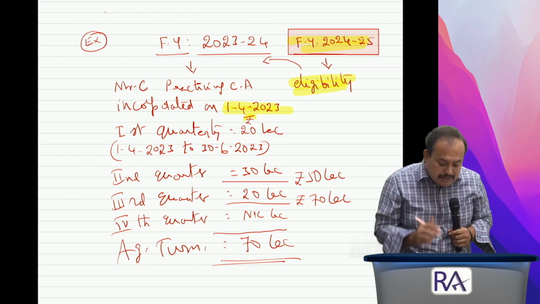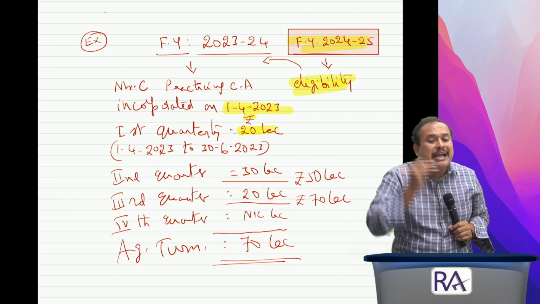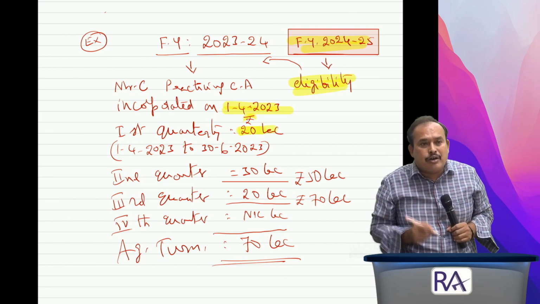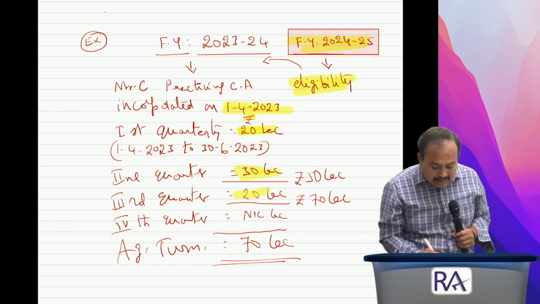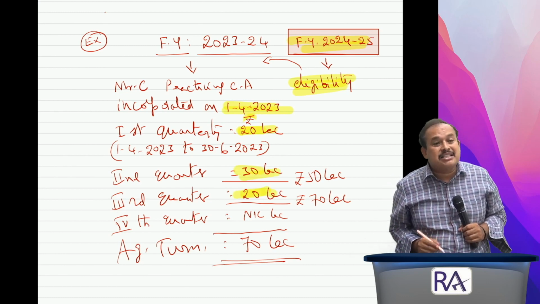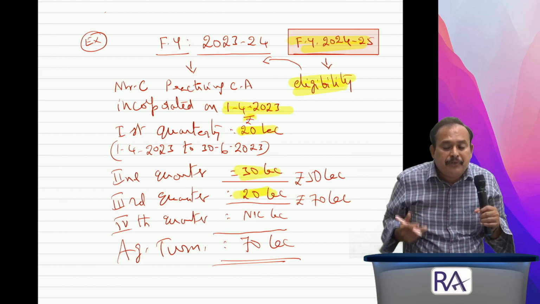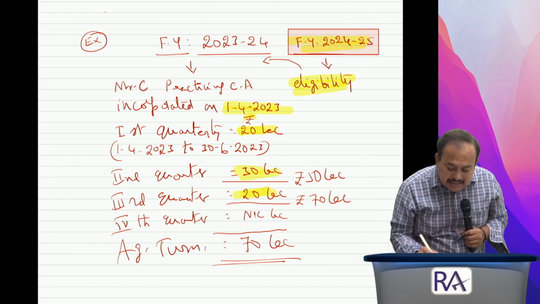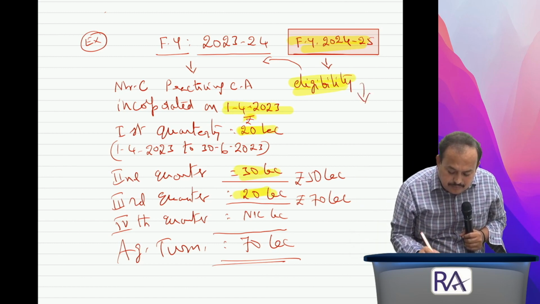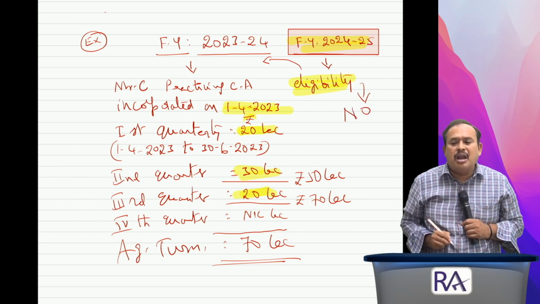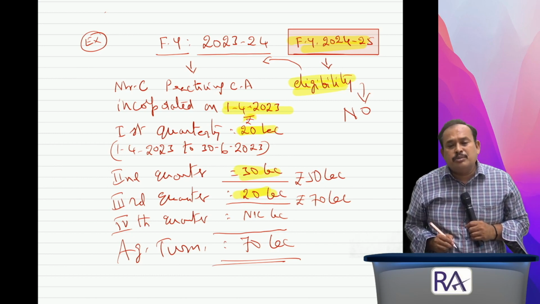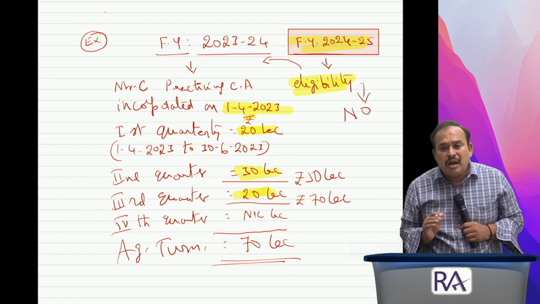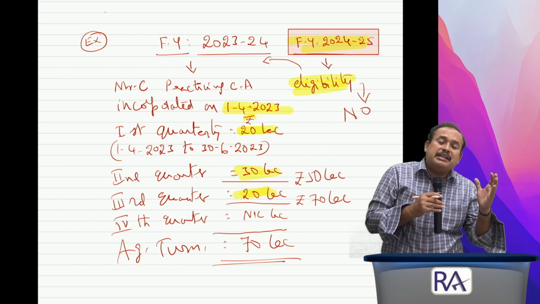That means this 20 lakhs turnover should be added in the aggregate turnover: 20 lakhs plus 30 lakhs plus 20 lakhs. Total how much? 70 lakhs, which exceeded 50 lakhs. So in the current year, am I eligible? No, not eligible.